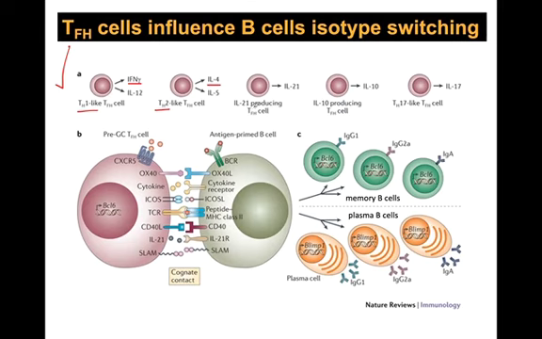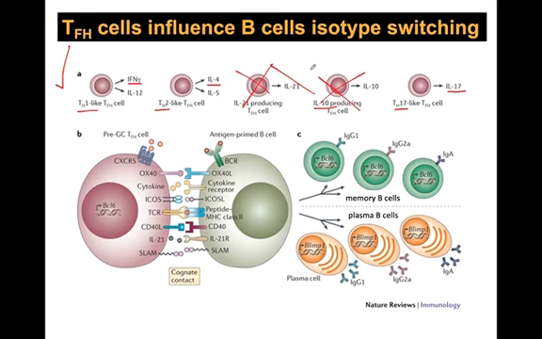Then you have the Th17 cells that are making IL-17, and then you can have regulatory cells that are shaping this. The main ones I want you to focus on are the Th1, Th2, and Th17. The other ones are in between. An IL-21 producing Th cell is in between a Th1 and Th17. An IL-10 producing T helper cell is in between a Th2 and a regulatory cell. Those are fine distinctions that I don't think are really that important for this course.